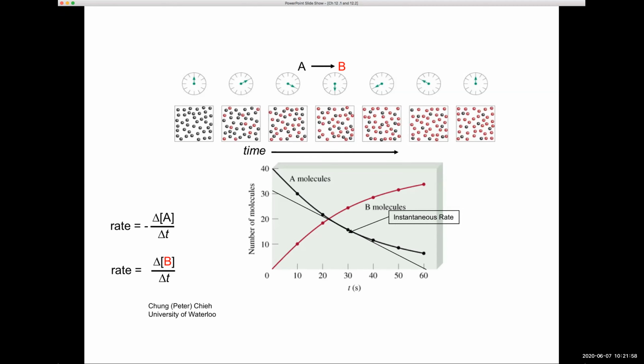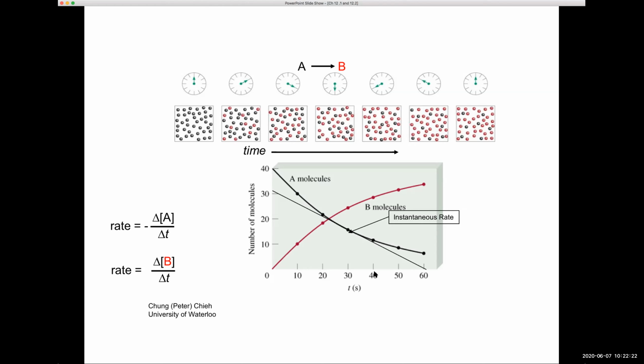And so our rate, again, is about 0.5 molecules per second. So this instantaneous rate turns out to be about the same as the average rate that we calculated before, which was kind of in the middle of this slope.